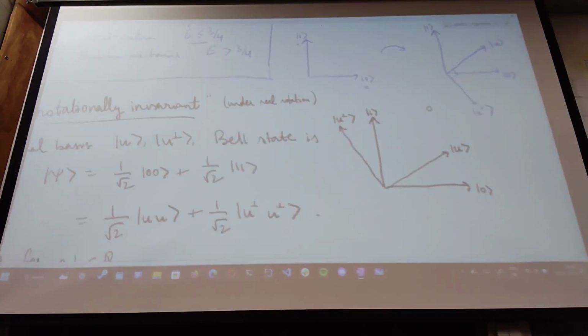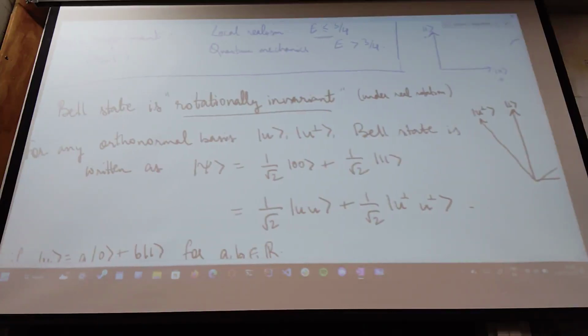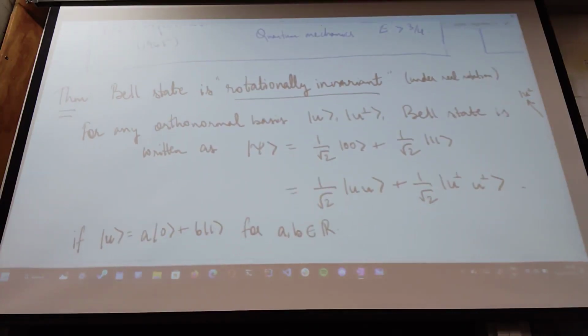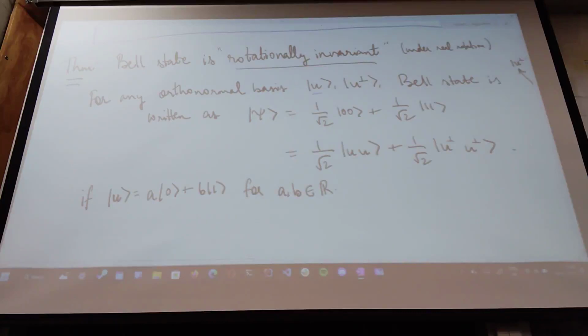So more formally, for any orthonormal vectors u and u perp, if you look at the Bell state psi given by 0, 0 plus 1, 1, you can write it as uu plus u perp u perp.